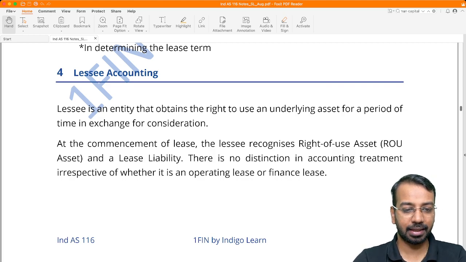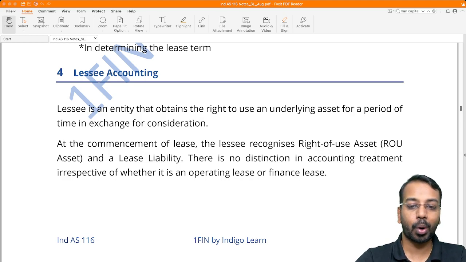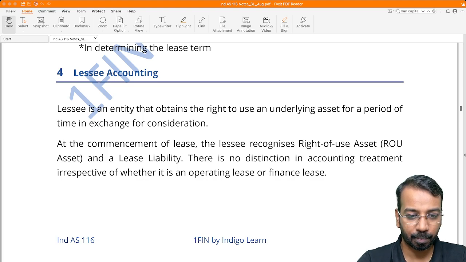Yesterday in the session we also spoke about how we broadly calculate a right of use asset and a lease liability. Let me add that screen also.